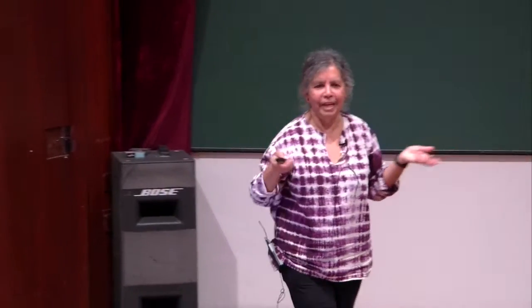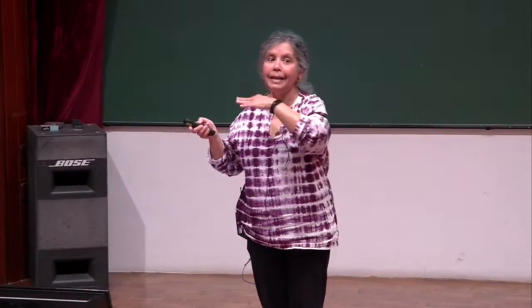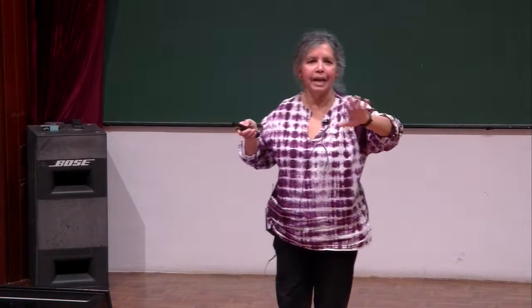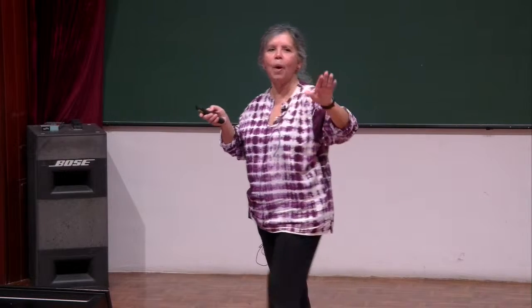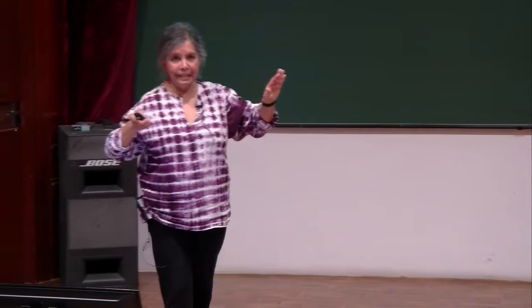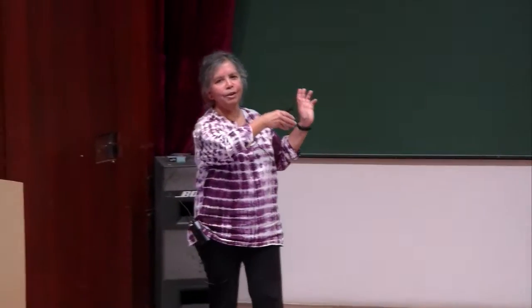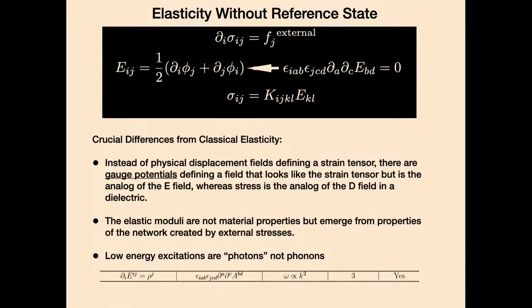In this theory, you can have magnetic monopoles because it's not a real EM theory. I haven't talked about the magnetic field at all because it doesn't show up unless I think about dynamics. The stress tensor is like an electric displacement field, like if you have a polarizable medium, and the E field is like the normal E field. And I don't know how to measure that.